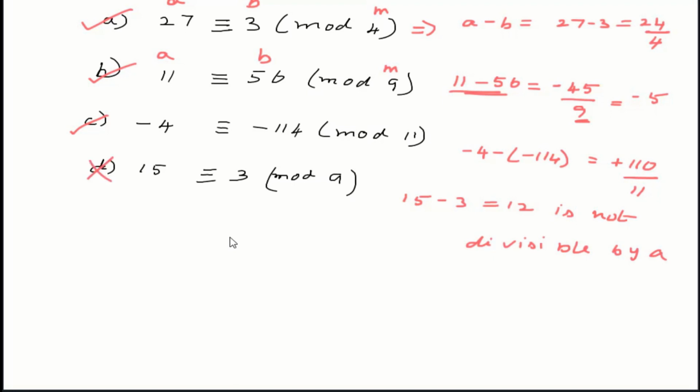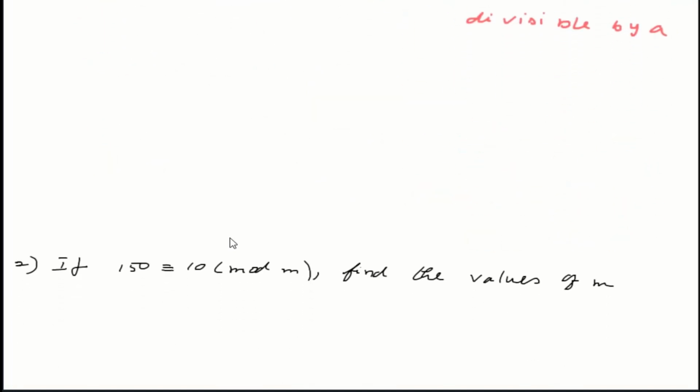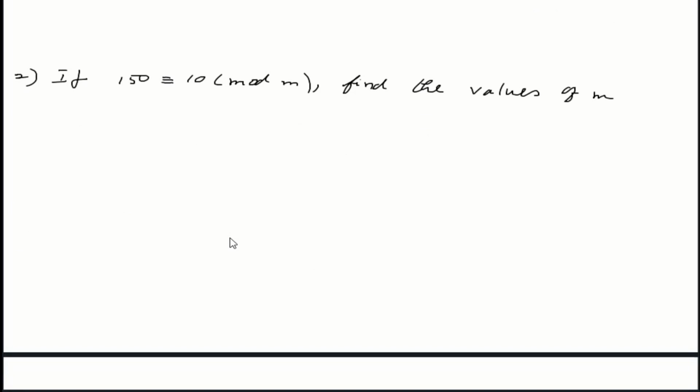So this is how you should check or find the missing numbers if needed. Now we'll move on to this sum. If 150 is congruent to 10 mod m, find the values of m. Here he has not given you the divisor. Instead he has given you the dividend and the remainder, and he is asking for the divisor.